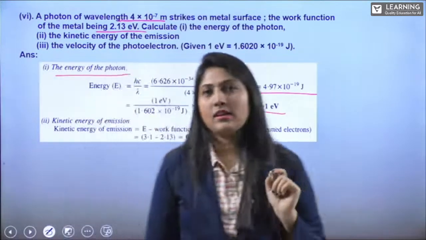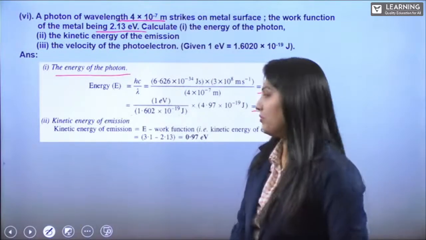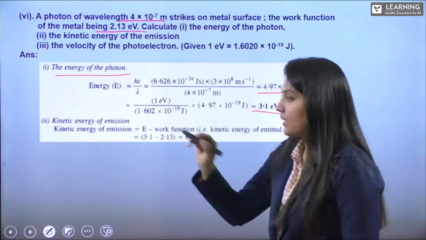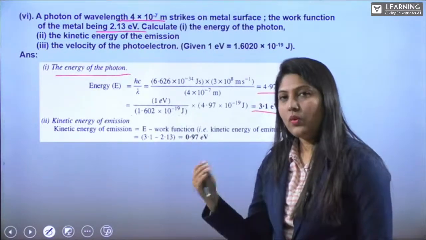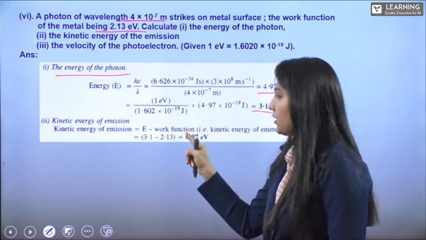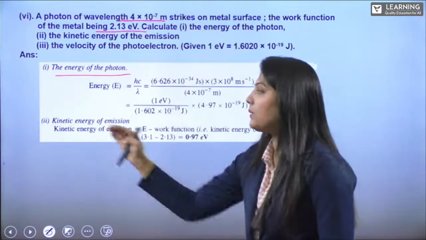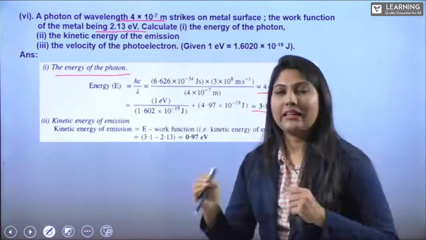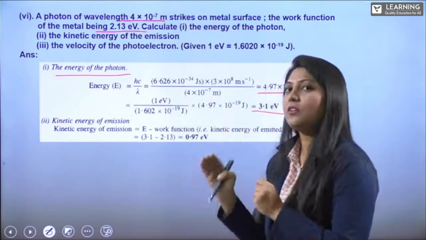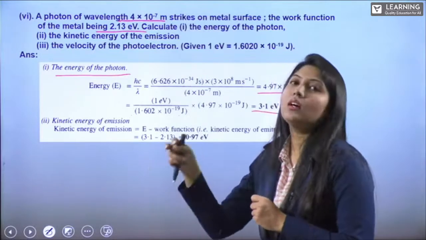So the kinetic energy of emission. What is this kinetic energy? Obviously we know it will be half mv square. But we are not using that kinetic energy formula here. Why? Because the work function is given. When we know the work function and the energy of the photon, it is easier to find the kinetic energy. We know the minimum energy the electron requires to come out, the work function.